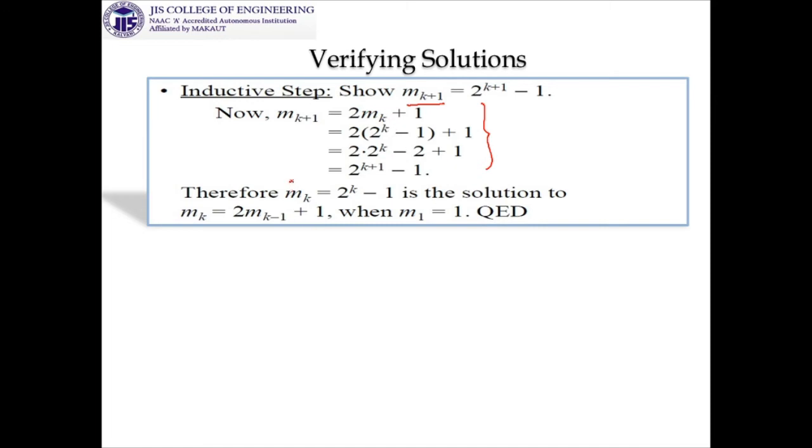Therefore we can claim that what we have assumed is correct by the mathematical induction method. So for the initial value it is verified, for i equal to k it is assumed, and for i equal to k plus 1 it is proved. Together this gives us the whole verification.